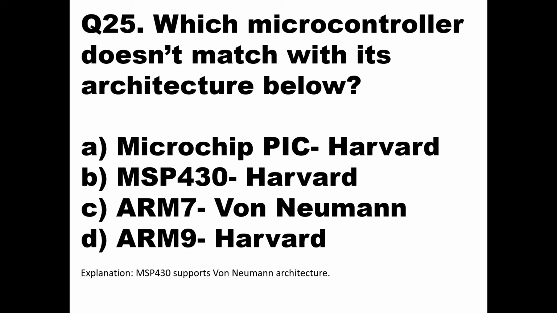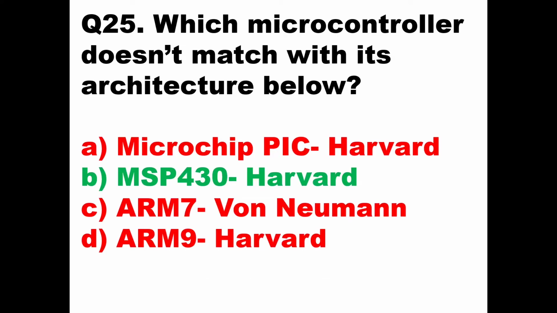Out of this, the second option, MSP 430, is not having Harvard architecture, it supports von Neumann architecture. So the one that does not match is combination B. MSP 430 and Harvard does not match because MSP 430 supports von Neumann architecture.